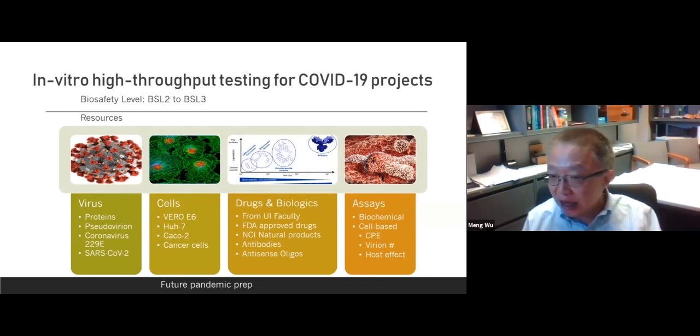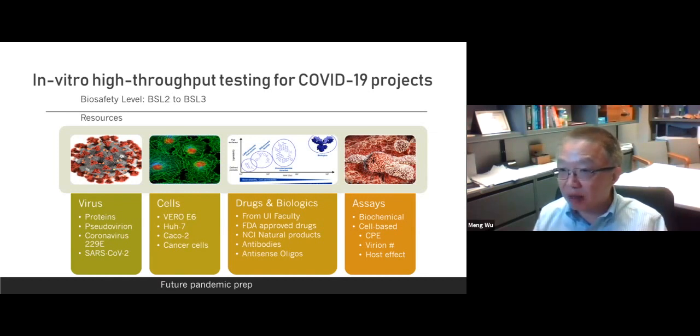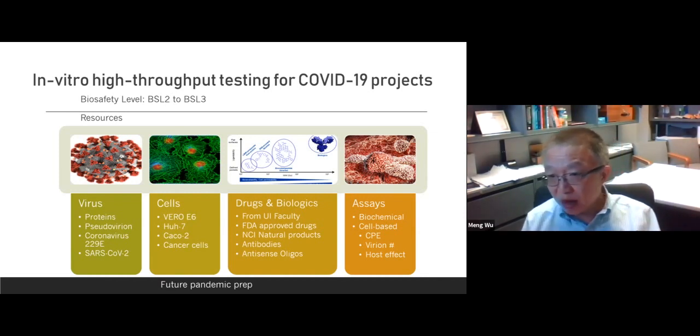We got a collection of antibodies from the hybridoma core at the University of Iowa. I'm working with IDT to get a set of antisense oligos from them as well. This is also in process. Since we mainly do plate-based assays, we have different kinds of assays available for testing, and we can use the library available to investigate them as well.